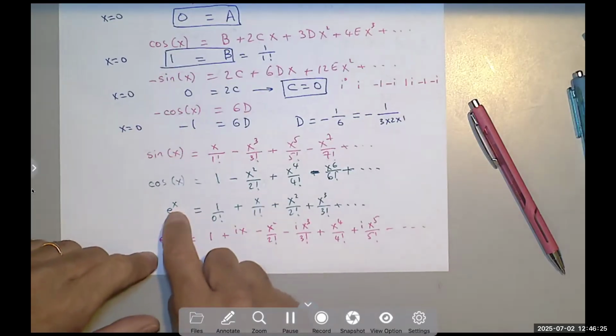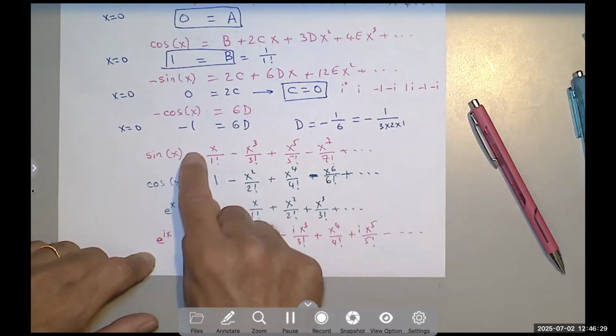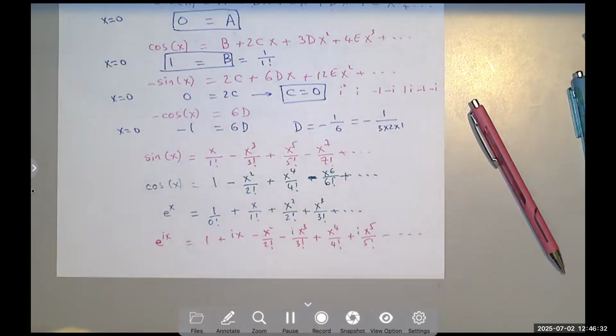Instead of substituting and finding e to the ix, what if I find sine ix and cosine ix? Would that have helped? Think about it. Or after doing that, I do e to the negative ix.